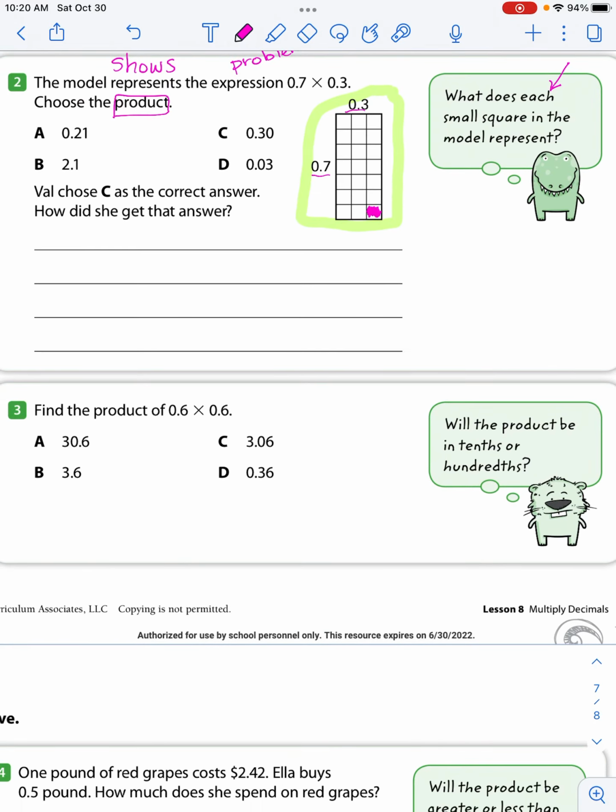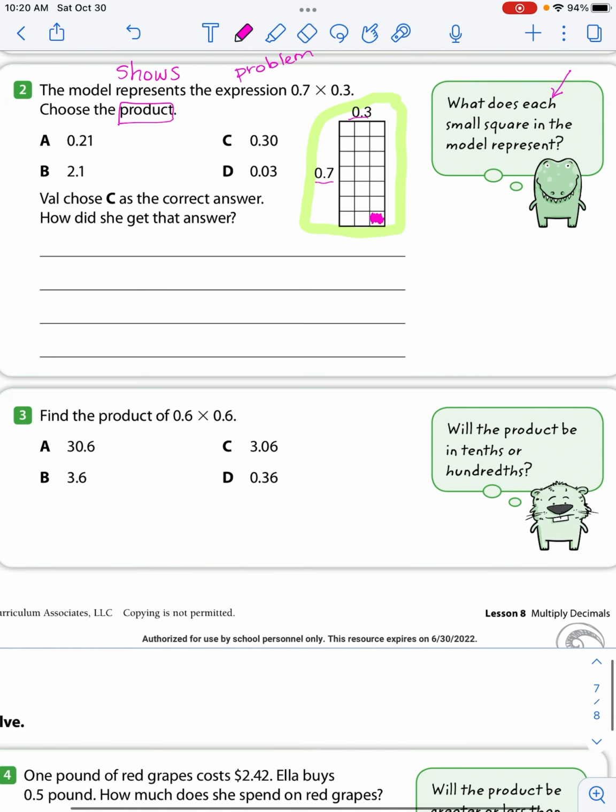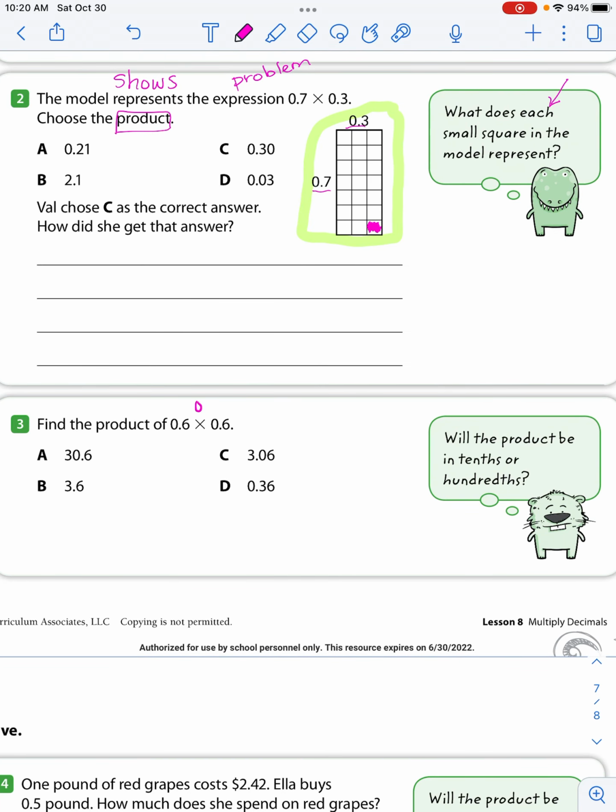Okay. Number 3, find the product of 6/10 times 6/10, or 6/10 of 6/10. You can even think about it like an area model like that one. Will the product be in tenths or hundredths?